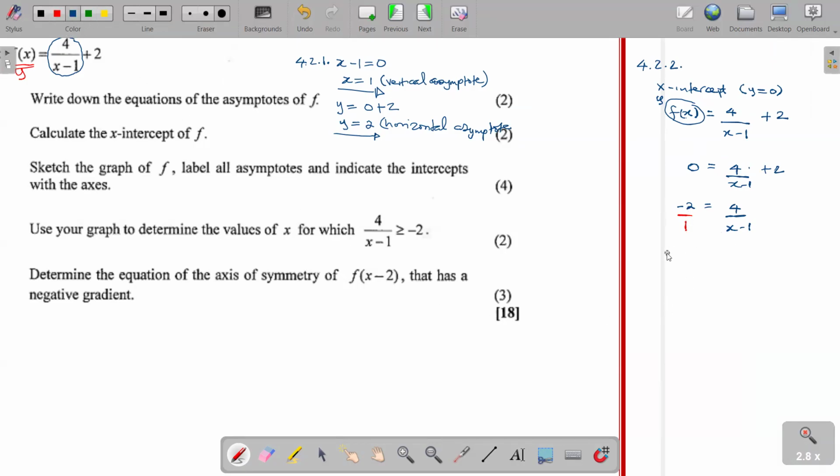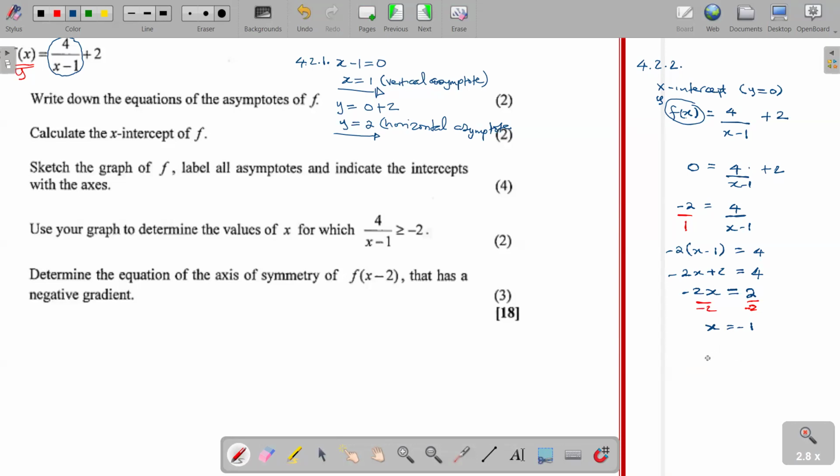We are going to have minus 2 times (x minus 1) being equal to 4, so minus 2x plus 2 must be equal to 4. Then we transpose the 2 to the other side, so it becomes negative: 4 minus 2, we get 2. Then we divide both sides by negative 2. So conclusively, our x is equal to negative 1.